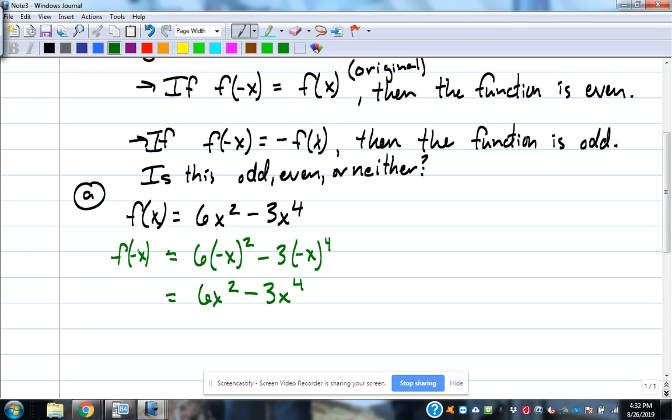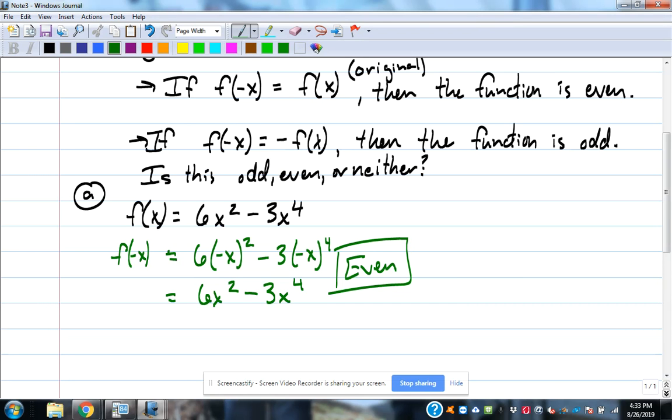That is what the first definition is. If f of negative x equals the original problem back, that's what happened here. This is an even function. What I'm saying is anything with an even exponent on it is going to come back the same way as it started.